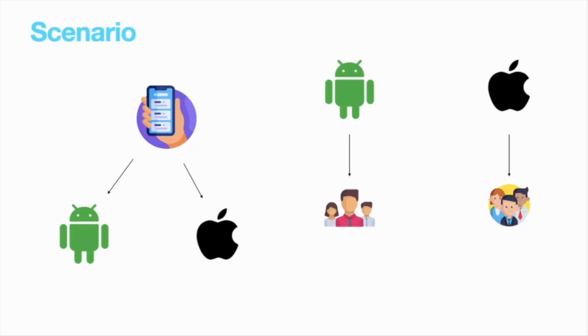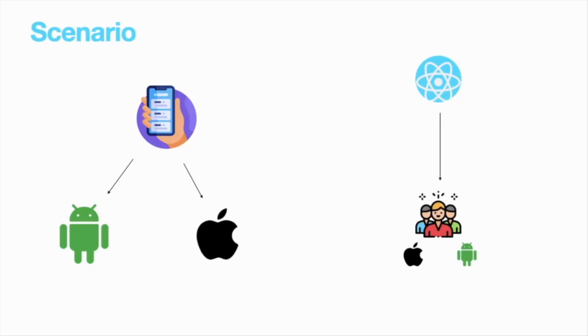One team is responsible for development of the Android app, and one team is responsible for development of the iOS app. Whenever you need to achieve some functionality in both the apps, both development teams have to write two different source codes to achieve that on their platform.